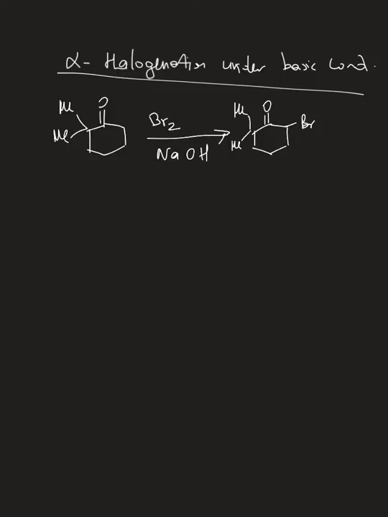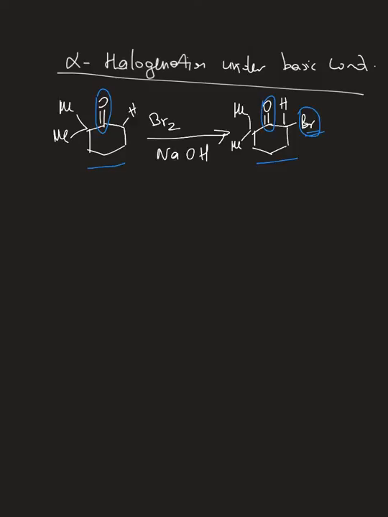The one problem under basic conditions is that once you insert one halogen, like you just inserted one halogen here, this proton now becomes a lot more acidic compared to that initial proton, right? Because in the first case, the only electron withdrawing group you have is this carbonyl group. But in the product, you have the carbonyl group, and you also have this halogen, so they're both electron withdrawing groups.